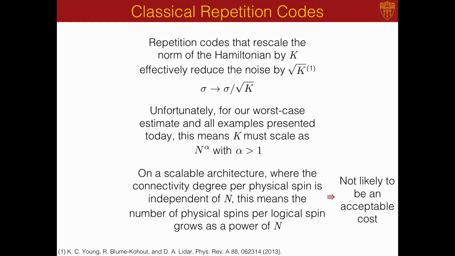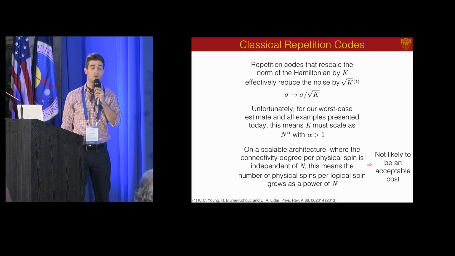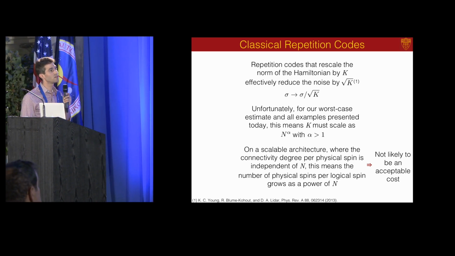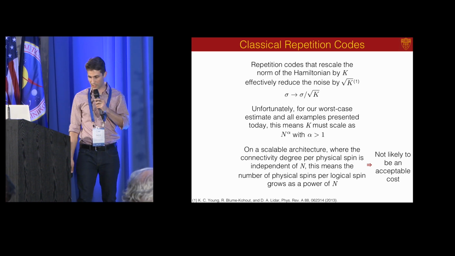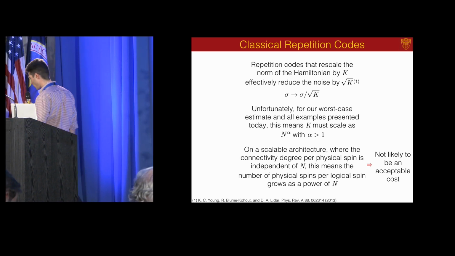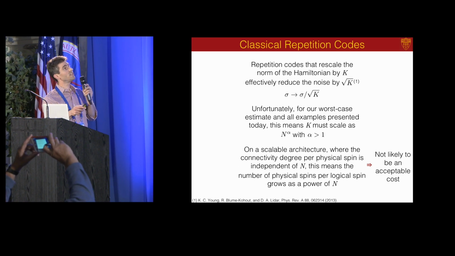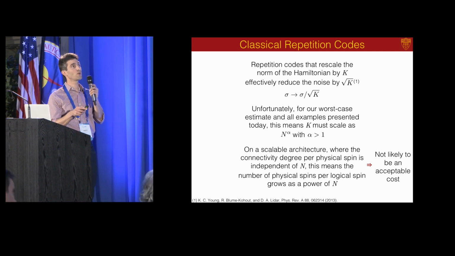But you might say, well, isn't this why we use repetition codes? Repetition codes are supposed to solve or mitigate this problem, let's say. And there was this very nice work by Kevin, Robin, and Daniel in 2013, where they showed that if you use a classical repetition code that essentially rescales the norm of your Hamiltonian by k, this effectively reduces the noise by square root of k.